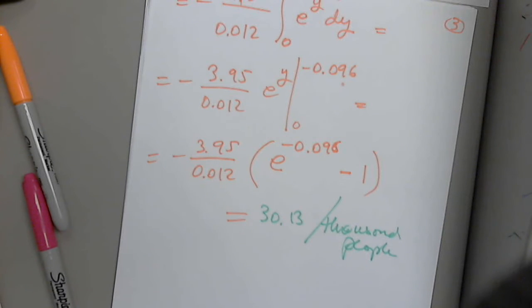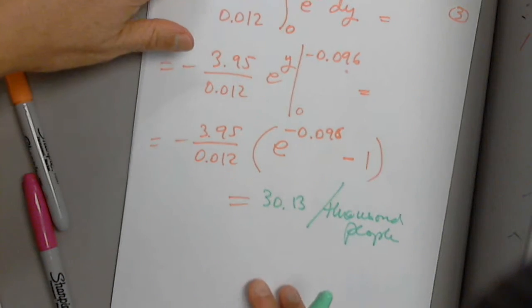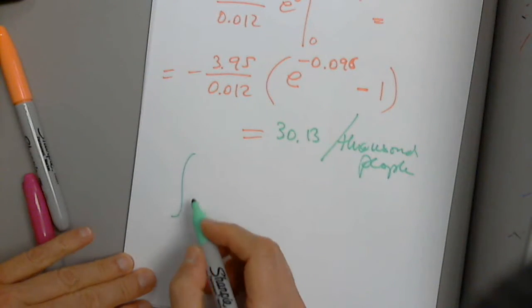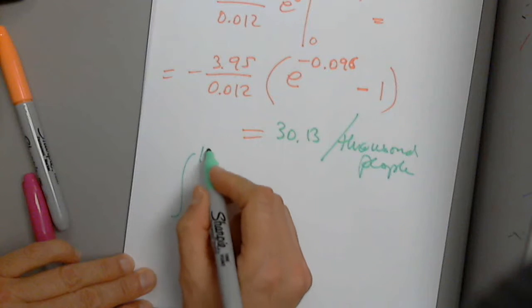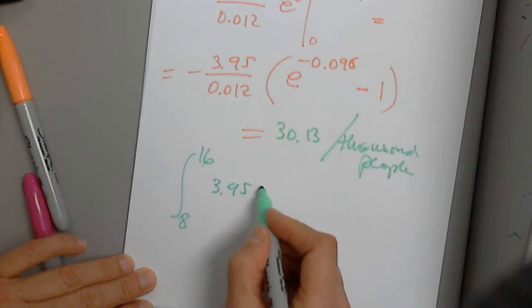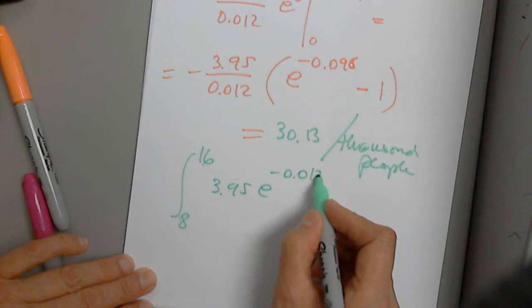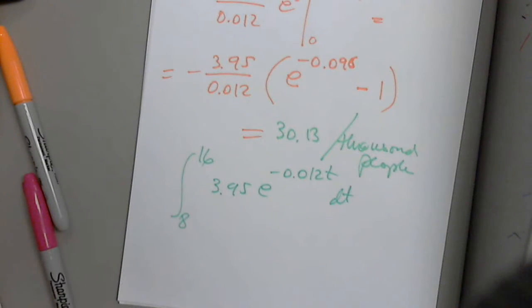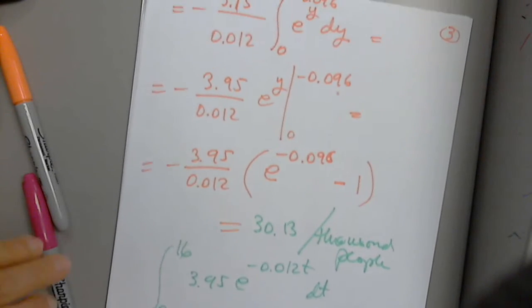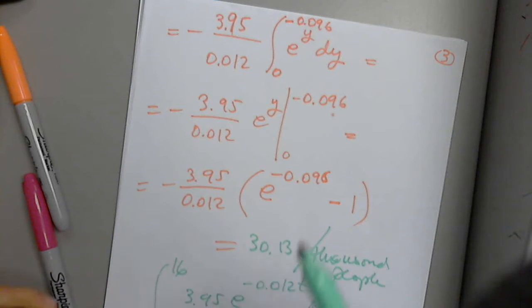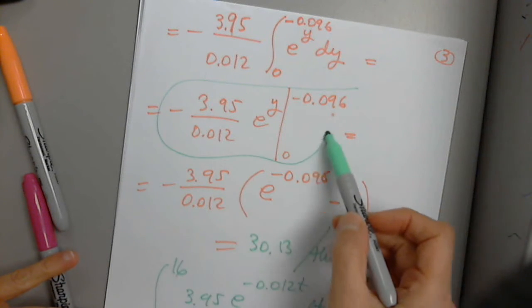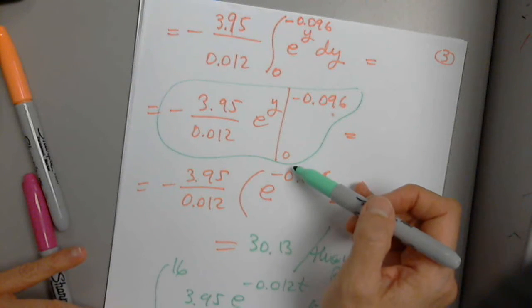In part B, find the total number of divorces in the U.S. between 2008 and 2016. So this time we have to determine the integral from 8 to 16 of 3.95 e to the negative 0.012 t dt. So what changes? Just the limits of integration, nothing else. So I can go back and copy this piece, but with different limits of integration.